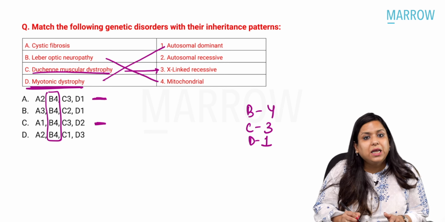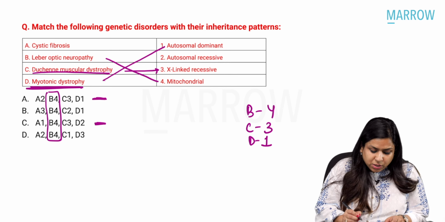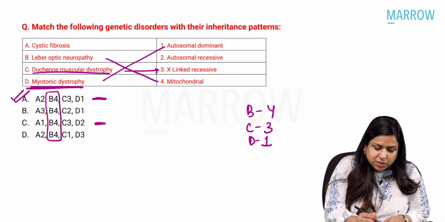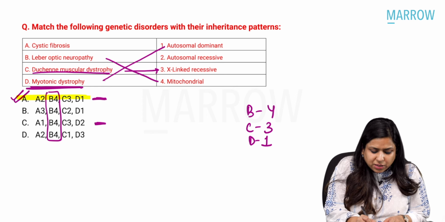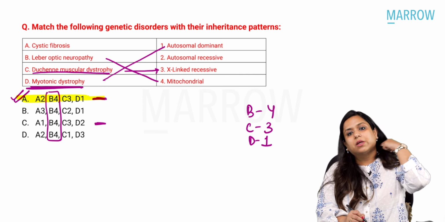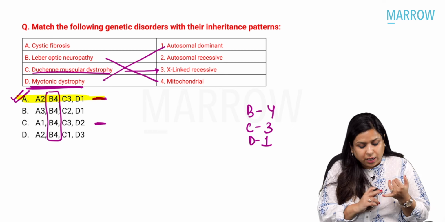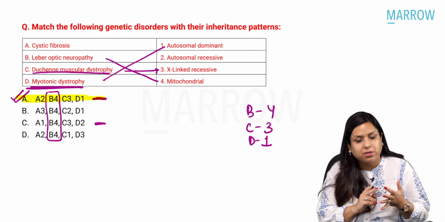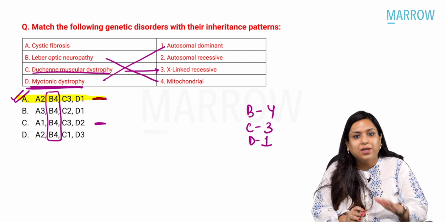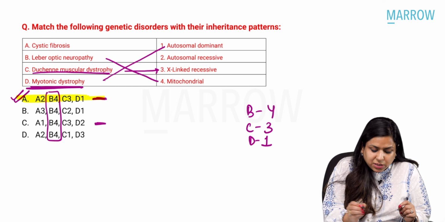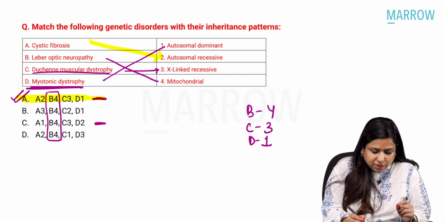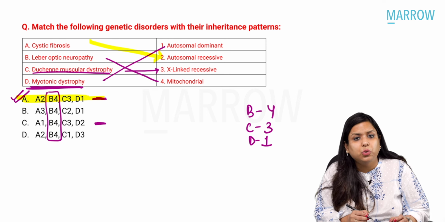That means D is 1. D is 1 is only seen in this option, that is A. That is why, students, the answer is A, that is A2, B4, C3 and D1. Understood? Easy? That means cystic fibrosis is going to be autosomal recessive, that is A2.